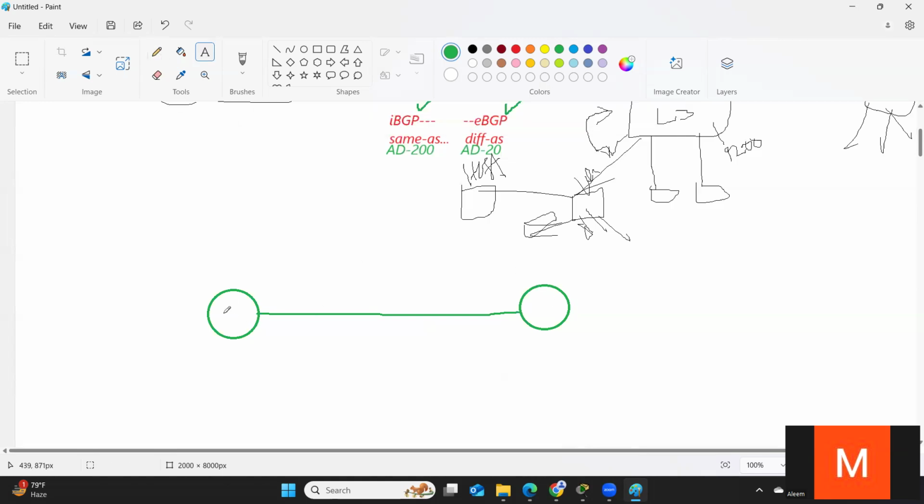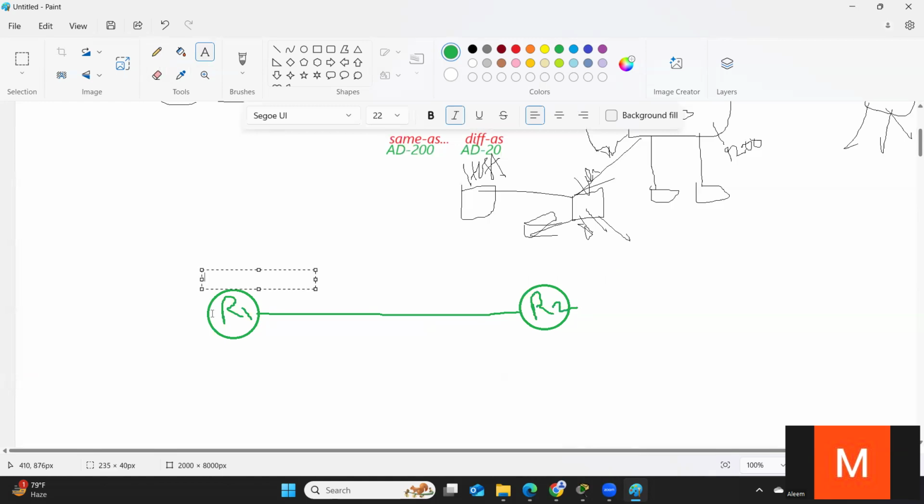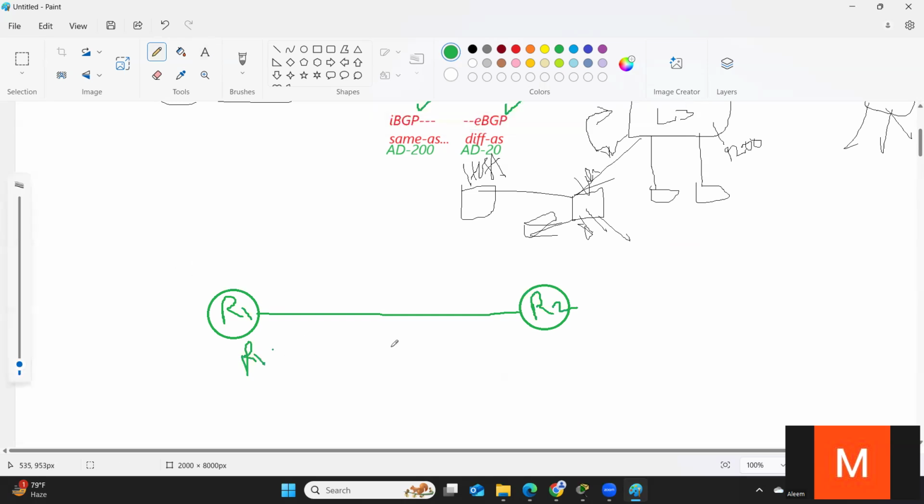How? See, R1 here and R2 here, at different locations. If you want to configure BGP, we inform R1, hey, your neighbor is R2. Statically, we are telling.